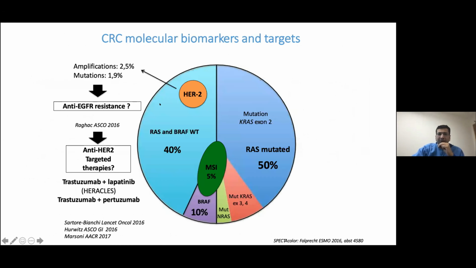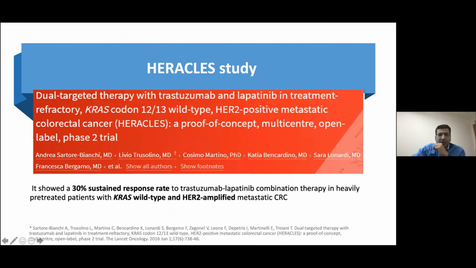Again, HER2 based therapies: the amplification is present in 5% of people and mutation in approximately 2% of people, and it confers some degree of EGFR resistance. But we have a scope to manipulate them. Anti-HER2 therapies are there. So we have studies like HERACLES, which showed that combining trastuzumab with lapatinib in colorectal cancers gave a response rate of 30%.